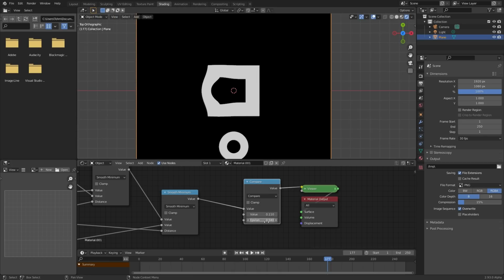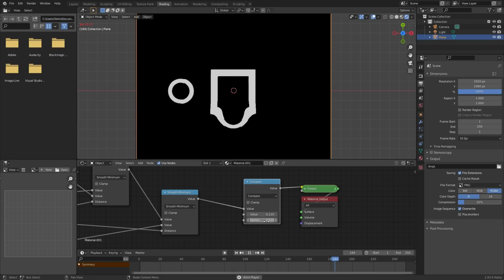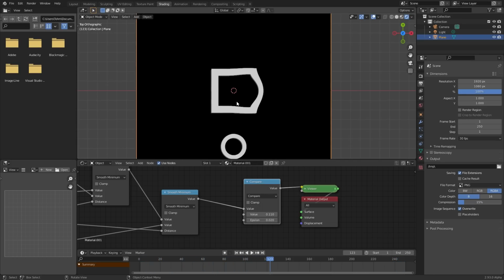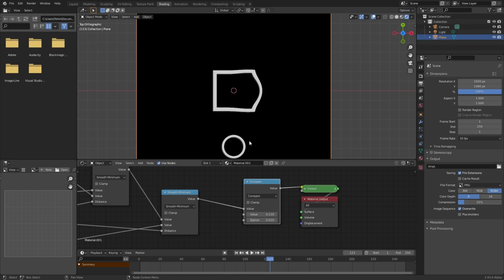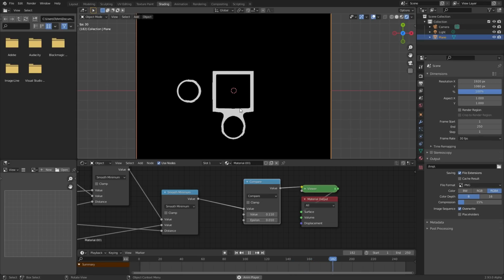This ends up being the thickness of our line, and the nice thing is, no matter what the animation's doing, the metaballs and the fusing, this thickness should be constant throughout, which is kind of hard to achieve otherwise. So that's kind of cool.